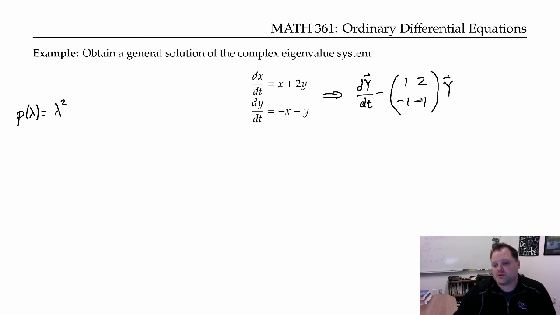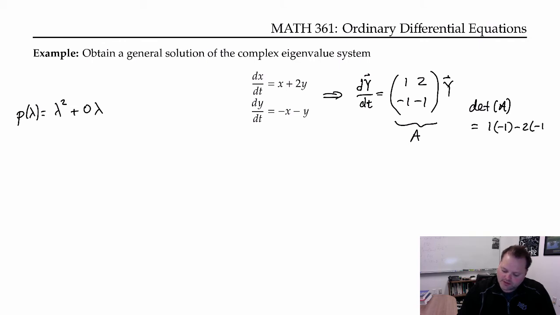The trace is the sum of the main diagonal, so 1 plus -1 is 0. And then the determinant of A is 1 times negative 1 minus 2 times negative 1, so negative 1 plus 2, or 1.